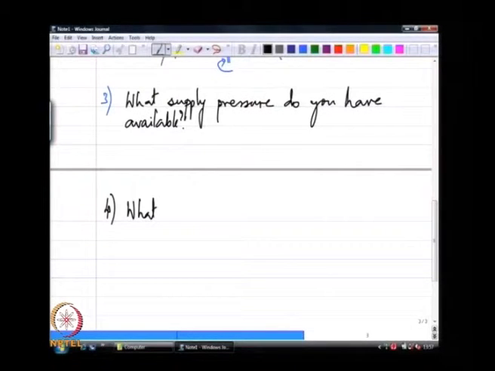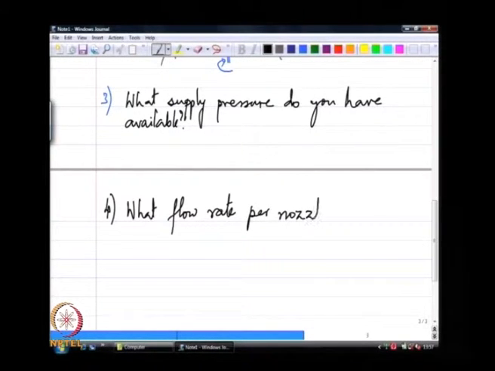What flow rate per nozzle do you need? Now, this is usually determined from throughput.